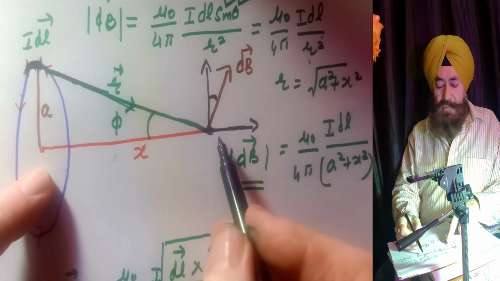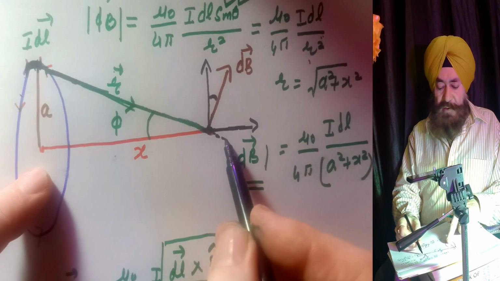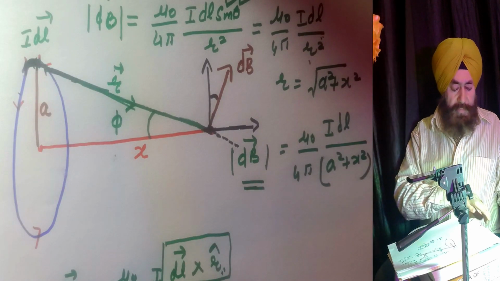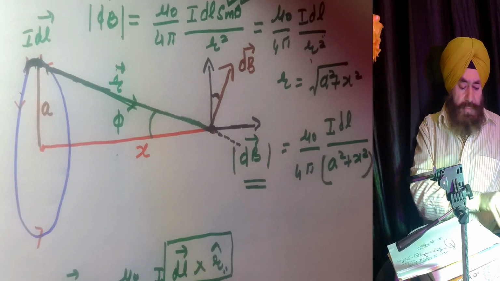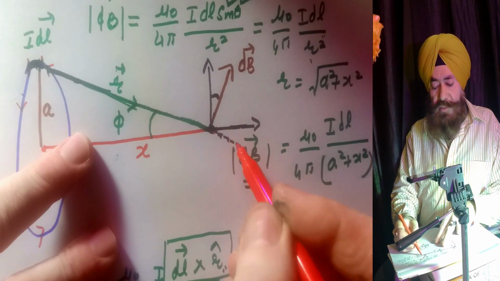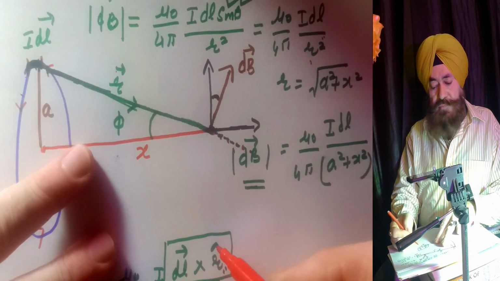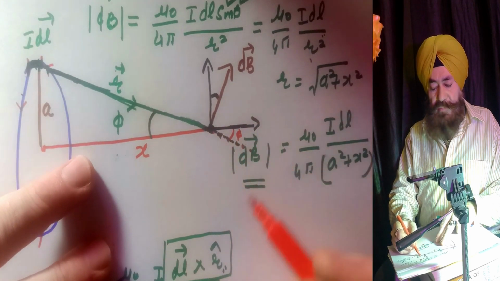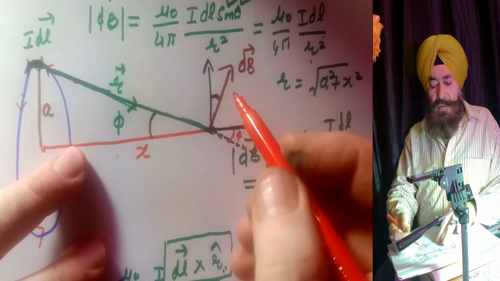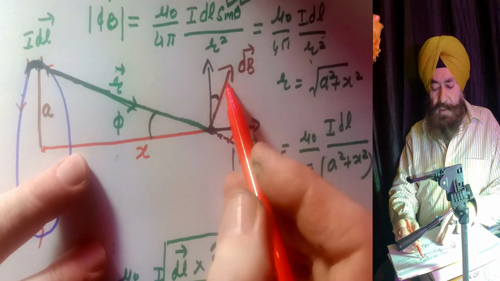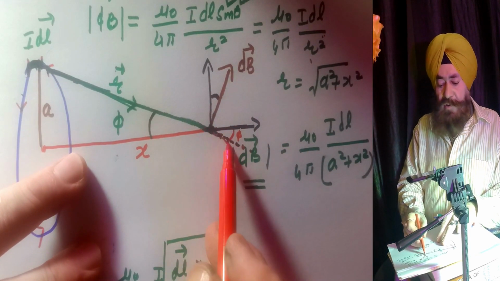If I produce this line, if this angle is phi, this will be phi. And you know, this line is perpendicular to this line.